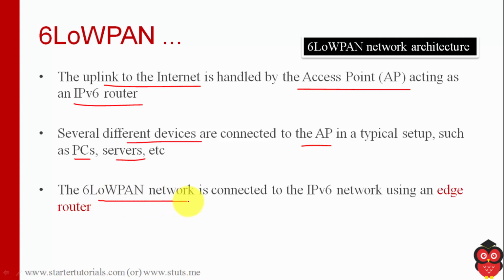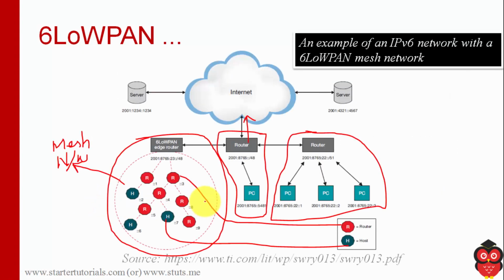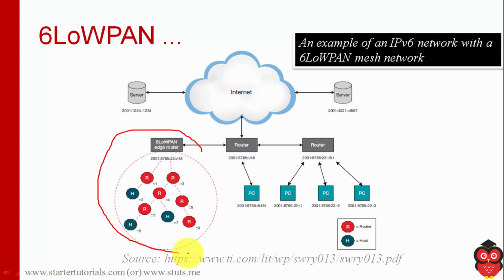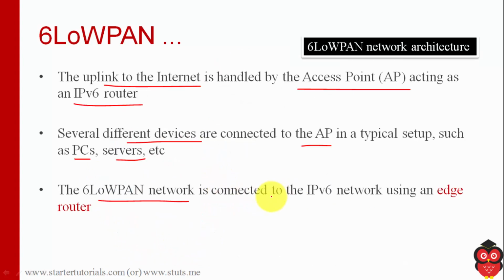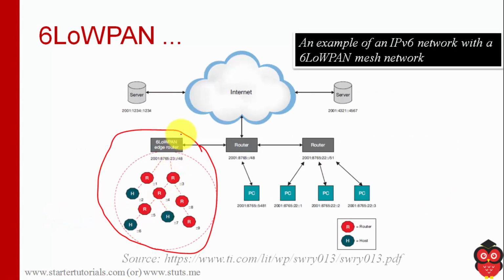The 6LoWPAN network is connected to the IP version 6 network through an edge router. So this thing is called the edge router. Don't worry about what an edge router is. A router which is at the edge of the network is called an edge router.